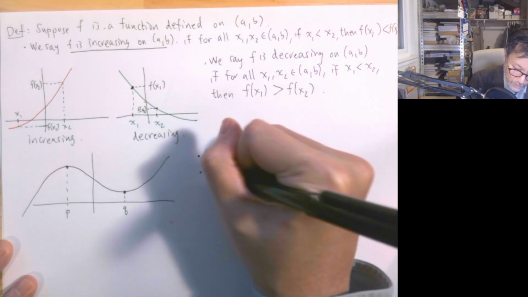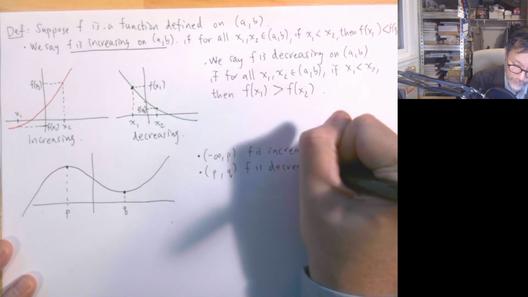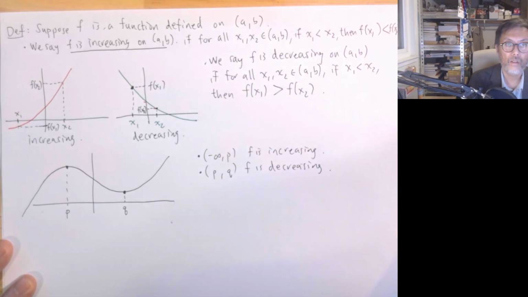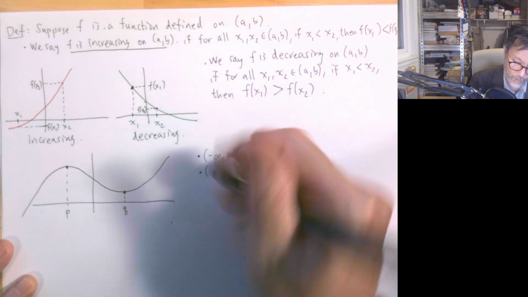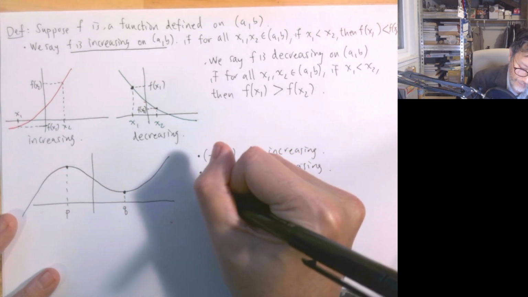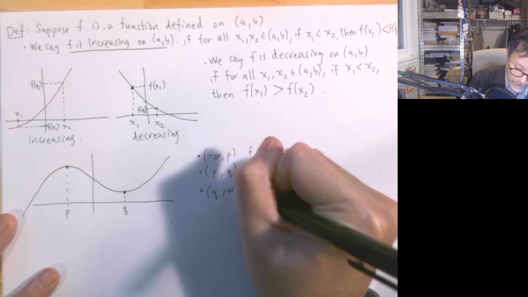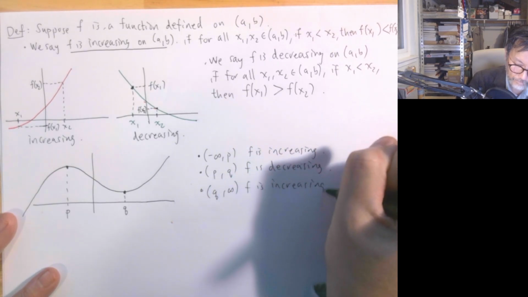Between p and q, f is decreasing. Also a true statement. Same f, but when we specify a different interval, we have a different quality in its monotonicity. And finally, from q to infinity, f is increasing again. Okay?